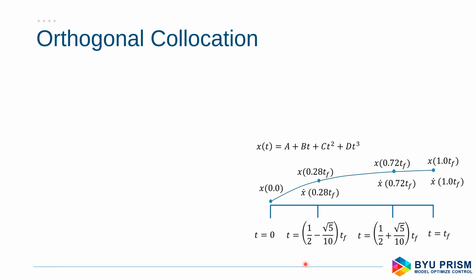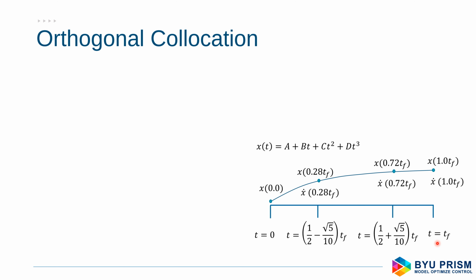Let's show this for one time step, where x of t is going to be a polynomial approximation to these time points to the solution of the differential equation. Now we select the different time points based on Lobatto quadrature.